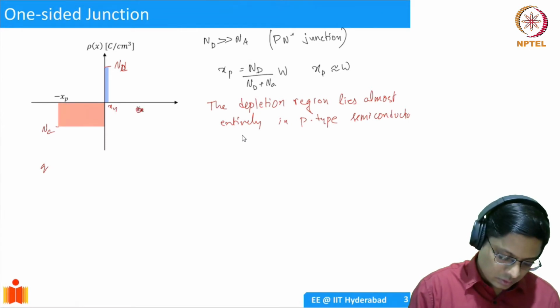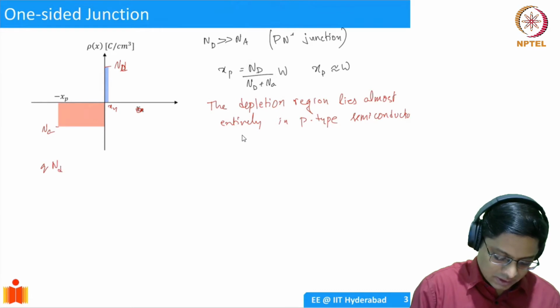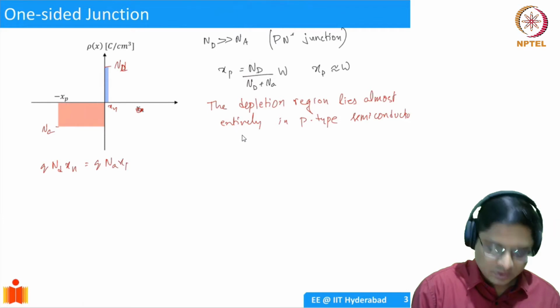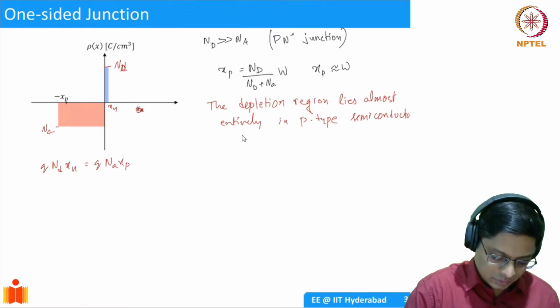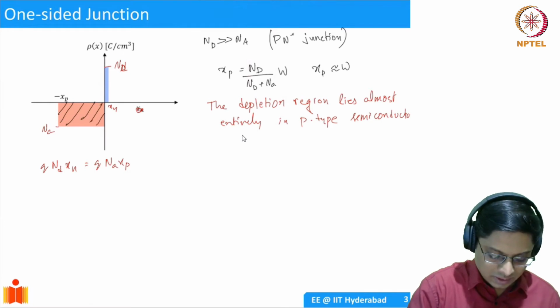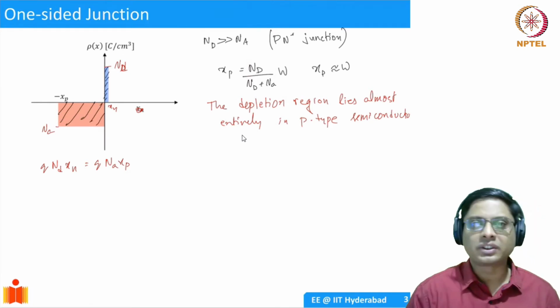Q times NDXN equals Q times NAXP. The total charge should always be conserved. It doesn't seem so here because this is not to scale, but this area is equal to this area, always in a junction.